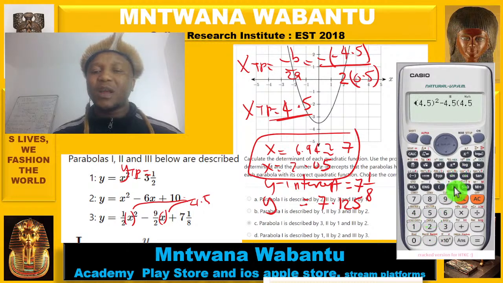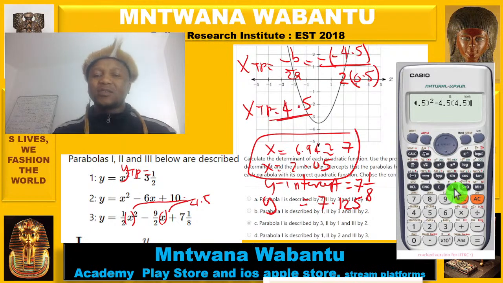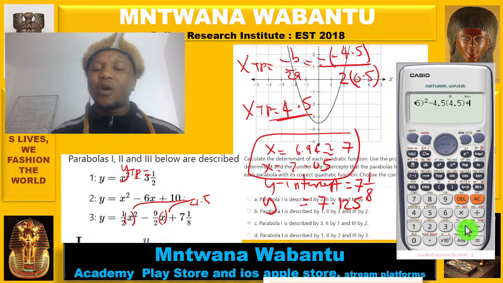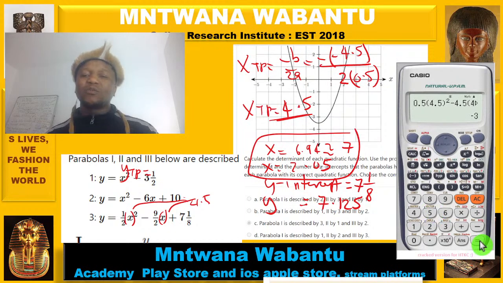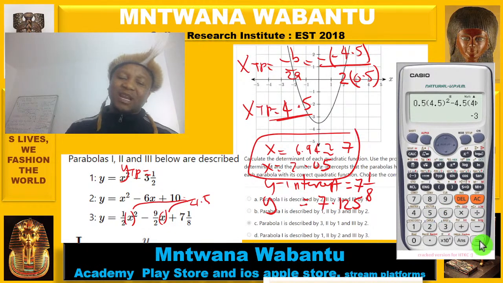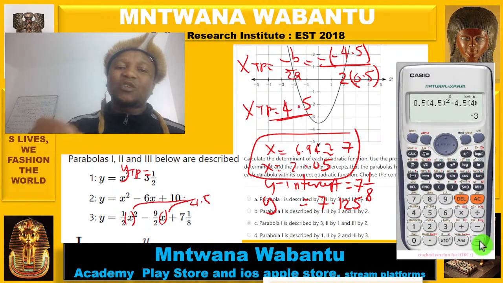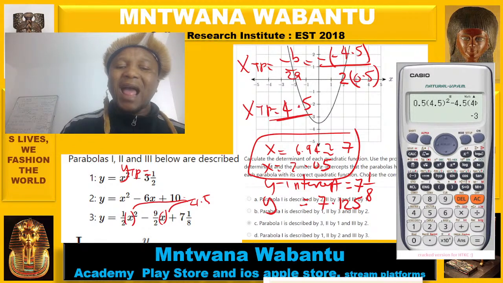Close the bracket, and then you plus 7 1/8, but 7 1/8 meaning 7.125. You can simply change that one to decimal. And then after that, just say equal. So this is going to give you -3. So Y at turning point equal to -3. So Y at TP equal to -3.